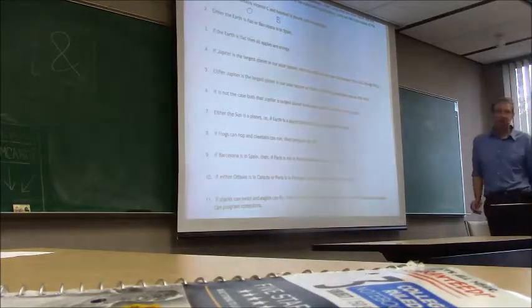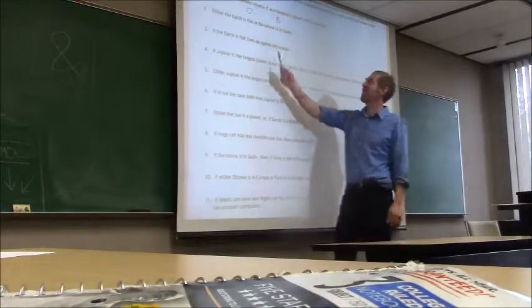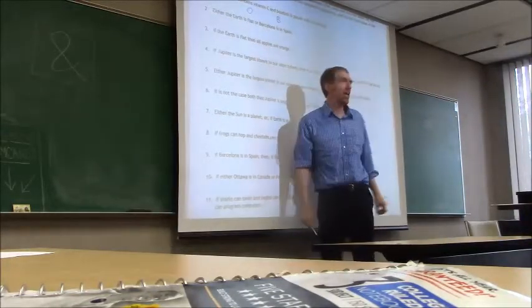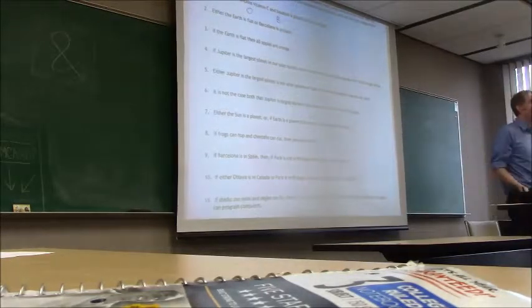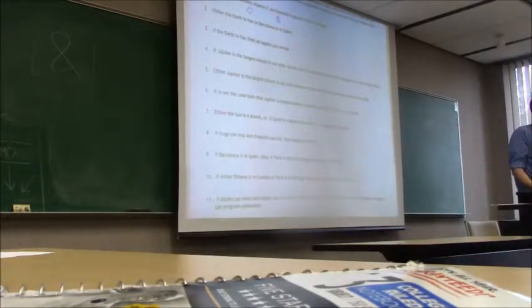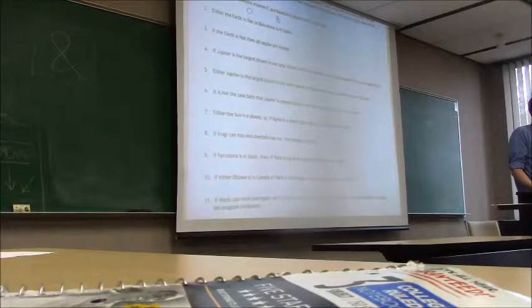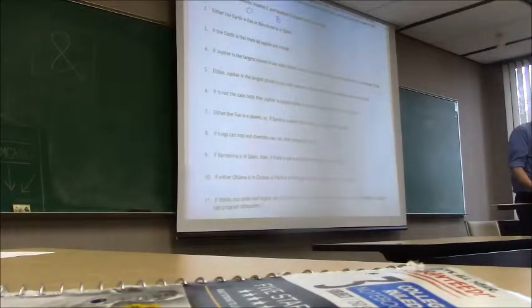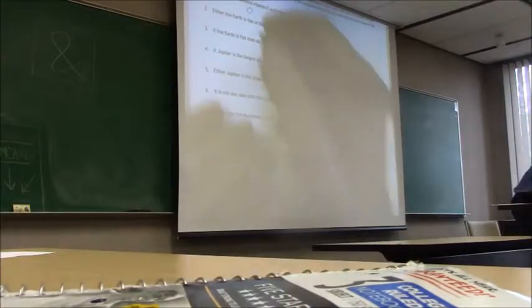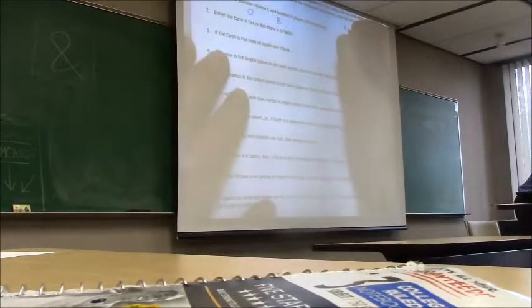Now, here's an important fact. You never ever have two letters right next to each other. Something must come between them. What is the something that comes between them, in this case? I can't remember what it's called. Say it after me. Ampersand.